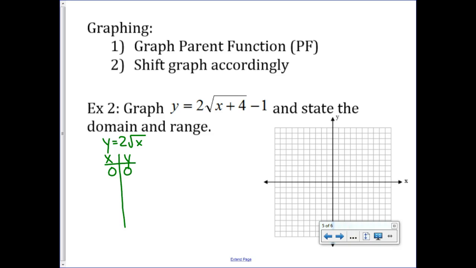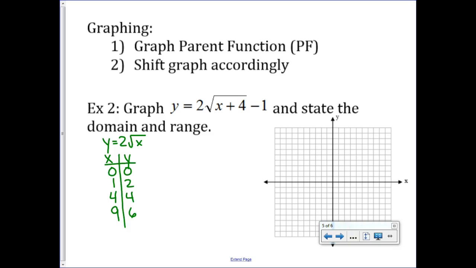If I put 1 in, square root of 1 is 1, times 2 is 2. I'm going to put 4 in because the square root of 4 is 2, times 2 is 4. If I put 9 in, the square root of 9 is 3, and 3 times 2 is 6.